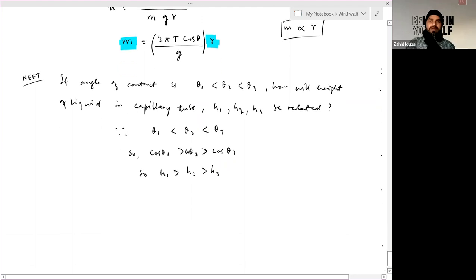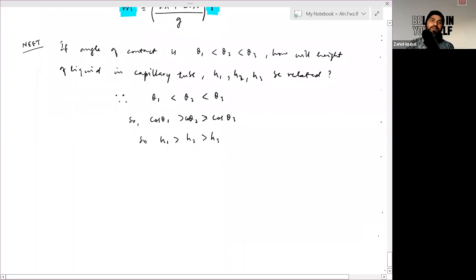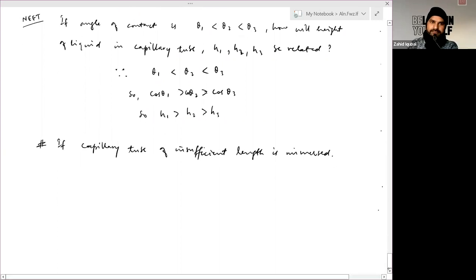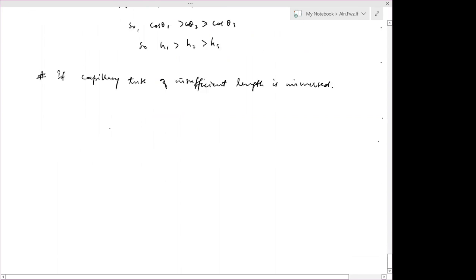Now, related to this capillarity or Jurin's formula, you will be asked what will happen if a capillary tube of insufficient length is immersed. Let me define it for you.